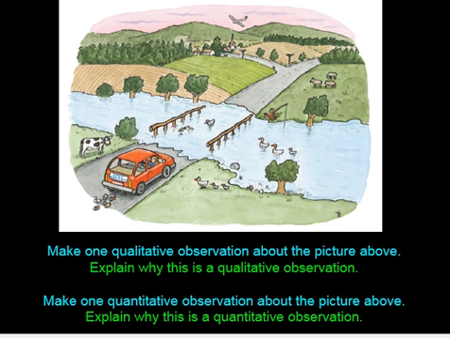So here's a picture. Let's make one qualitative observation about the picture. So, for example, the river is flooded. That would be a quality of this scene. The river has different states.